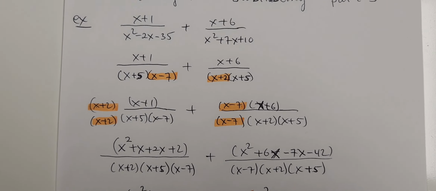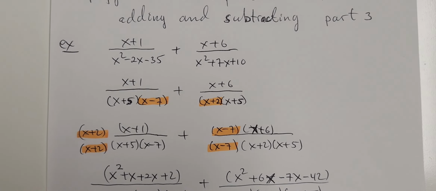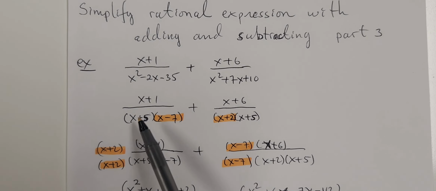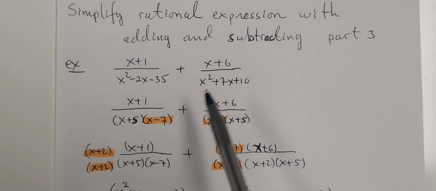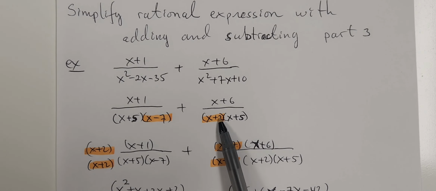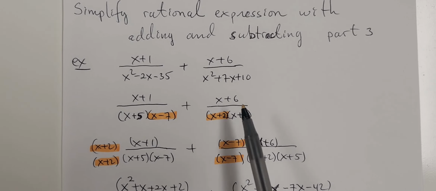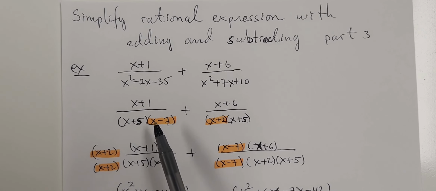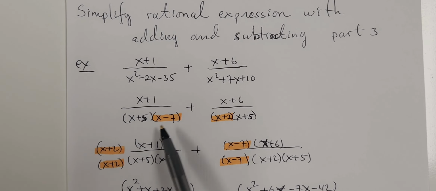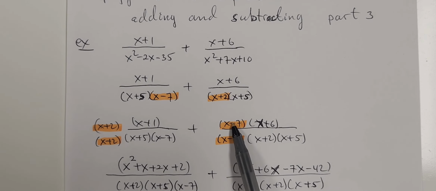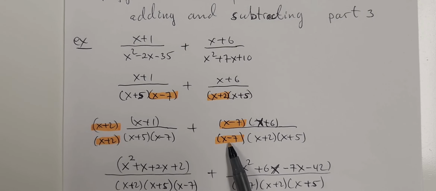So one more time. Part 1, find the factors of each denominator. Step 2, highlight the extra part. If I already have it, leave it alone. If I don't have it, that is my extra. So x minus 7 is the extra over here, multiply to the right, and that's what I have here, top and bottom.